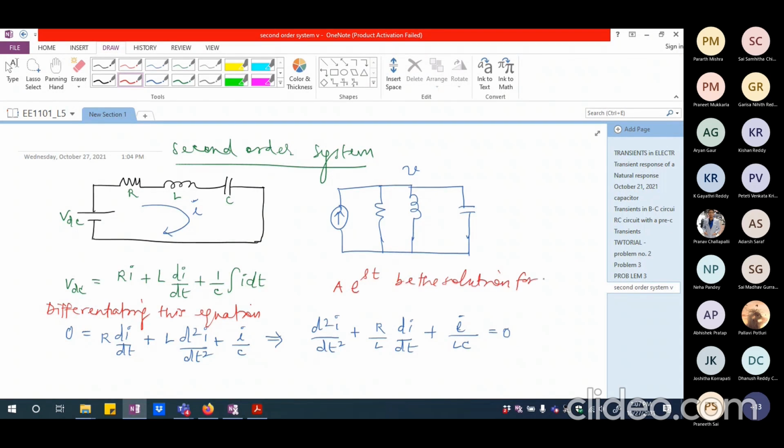So I'm going to have a solution of the form a e power st. Let me substitute that here.